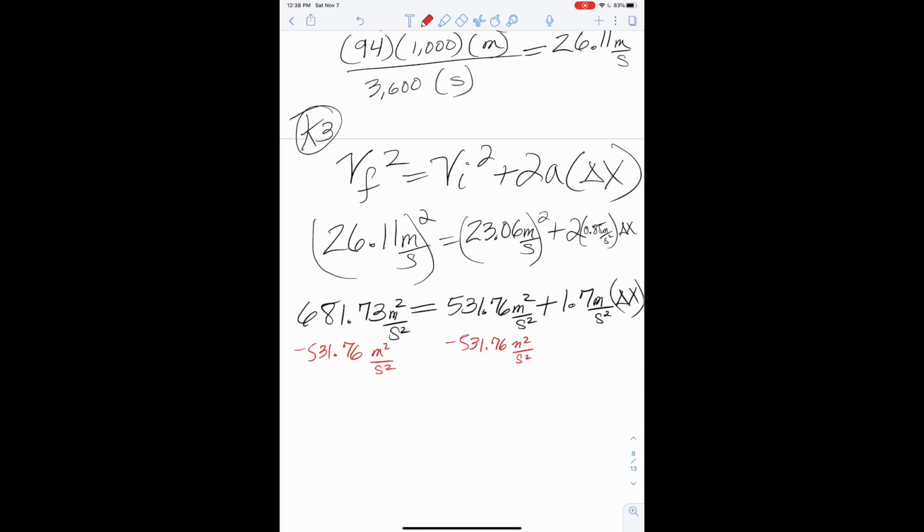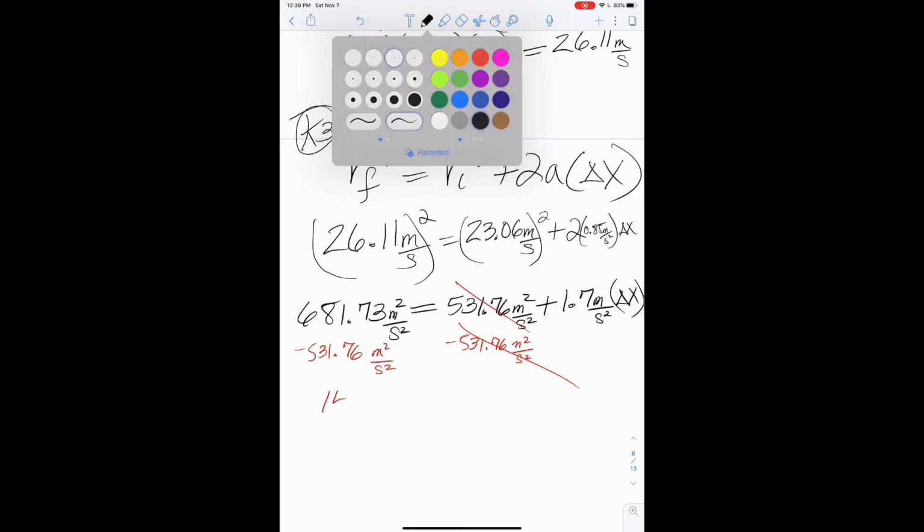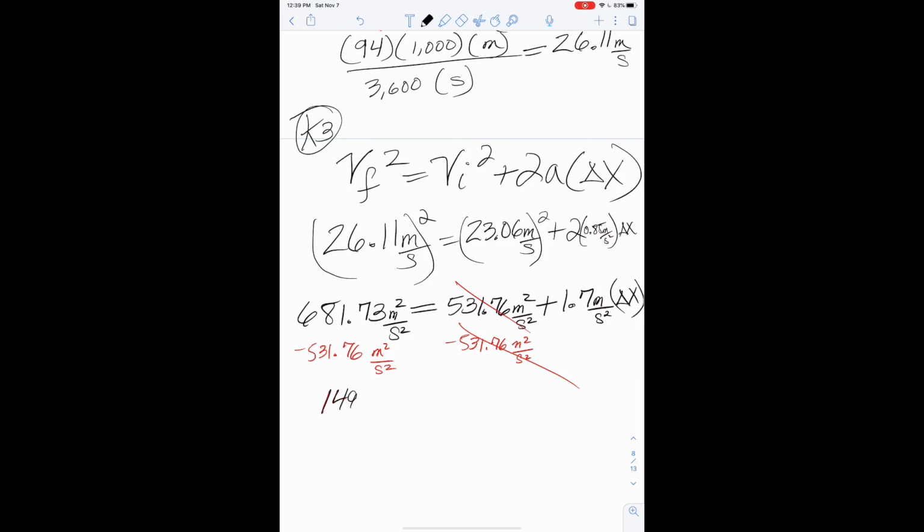All right, so obviously these two are going to go away. I'm left with whatever that is, 681.73 minus second answer, 149.97. Whoops, why am I still in red? And this is meters squared per second squared is equal to 1.7 meters per second squared times delta x.